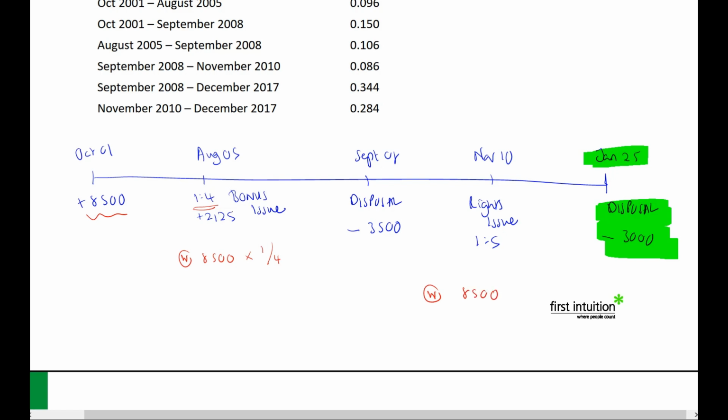I then have the bonus issue, which adds on another 2,125. Then I disposed of 3,500. So that means at the point that the rights issue happens, let's have a look, 8,500 plus the bonus issue minus the sale, 7,125 shares.